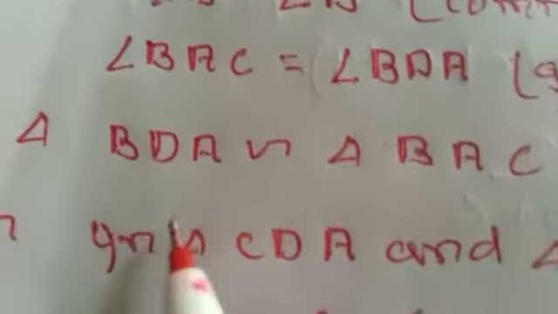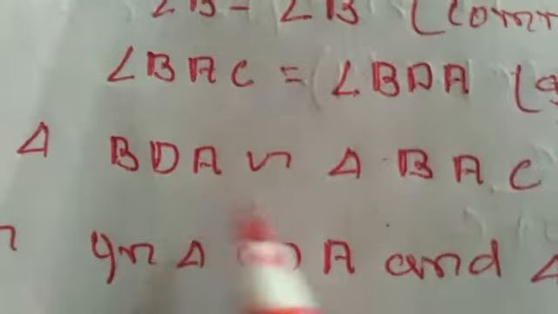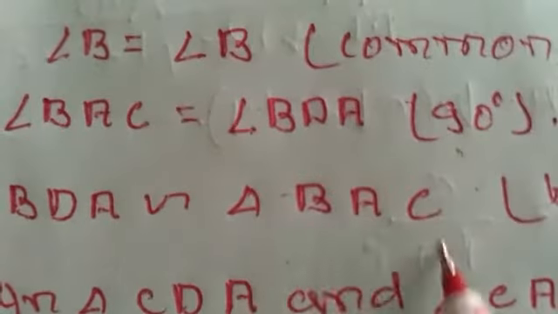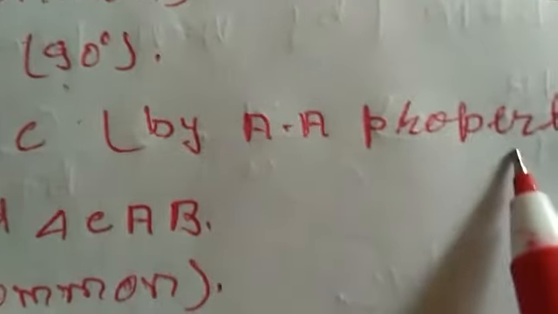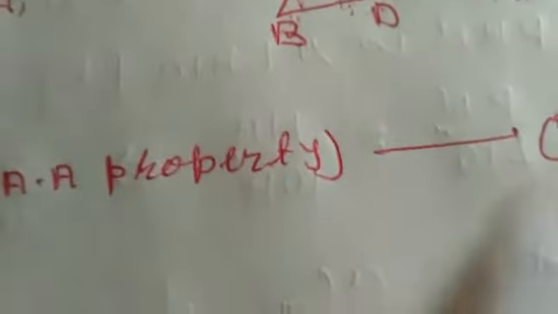And angle B is common to both triangles, BAC and BDA. So the two angles are equal here. So triangle BDA is similar to triangle BAC by the angle property. Let's suppose this is equation 1.